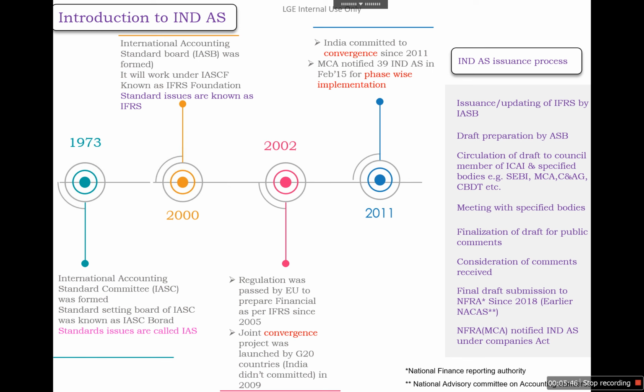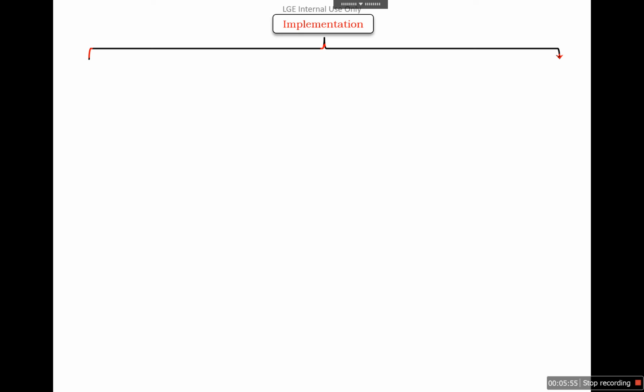So when it was decided on the synchronization and convergence in India, the first challenge that came was how to implement it. There are two methods for implementation. One is adoption. Adoption means it is implemented as it is. The other method, which India decided on, is convergence.